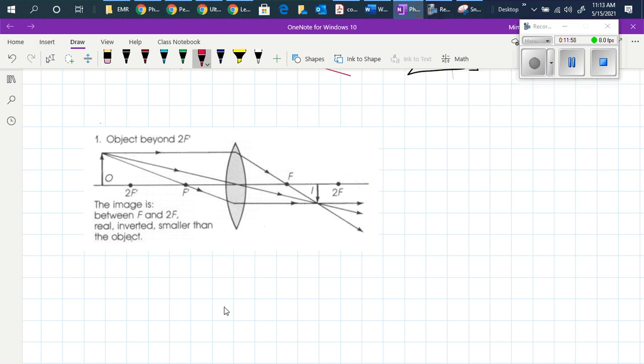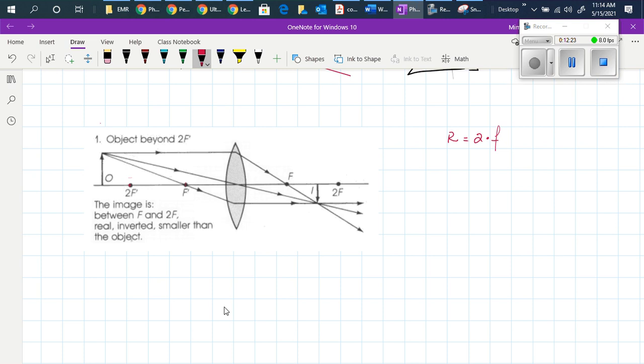If this is the focal point, then this one is double, because the radius of the center of the lens is double the focal length. So this is the center of the lenses, and now the object is beyond the center.